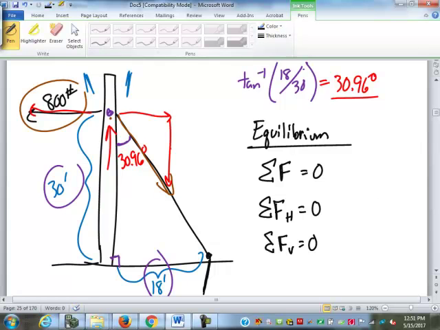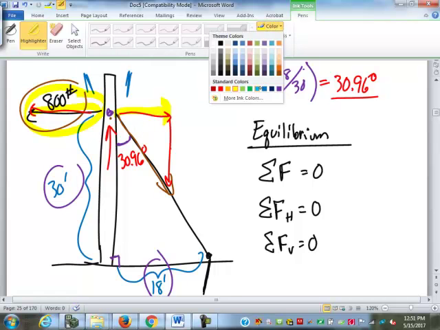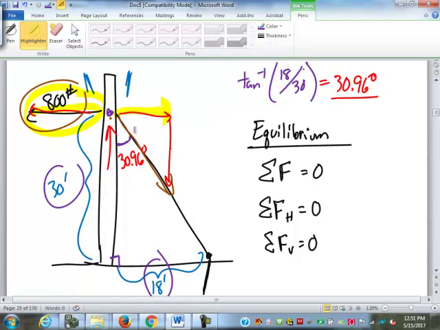So here, the only purely horizontal force in the system is the 800 pounds. So this horizontal component has to be 800 pounds. But in order to achieve that 800 pounds, because of the angle of the cable, obviously the cable has to have way more than 800 pounds of tension.